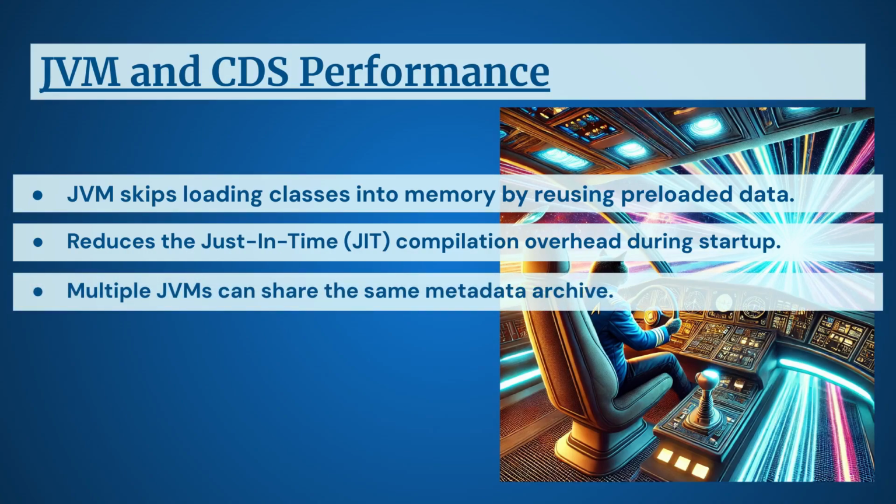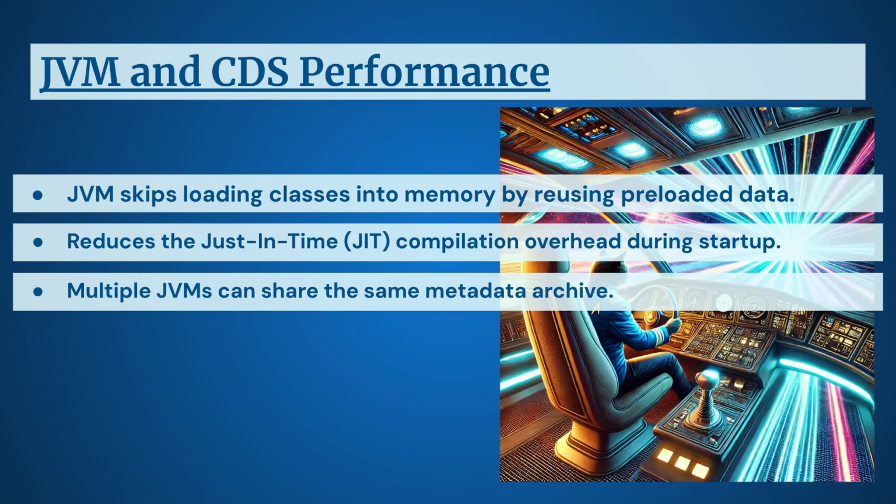With CDS, multiple JVMs can share the same metadata archive. As we have seen before, this is a reality that is important for different applications to run because we can map directly the startup of certain applications if they share the same classes, and therefore multiple JVMs will be able to start much more quickly.